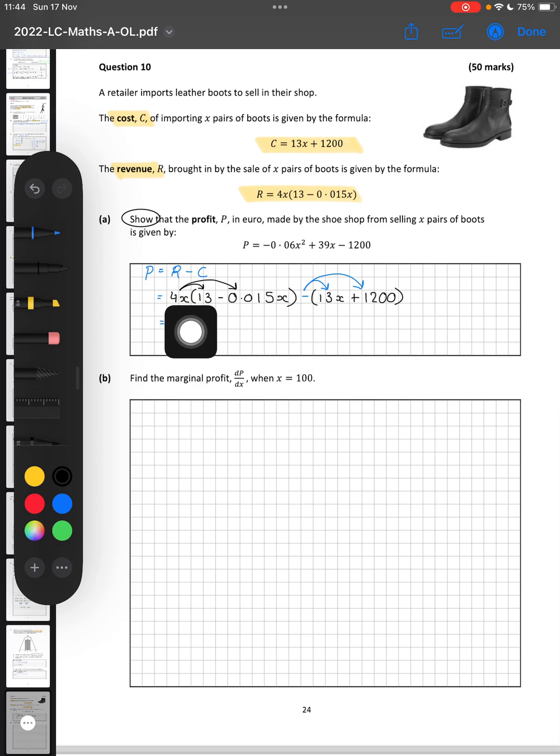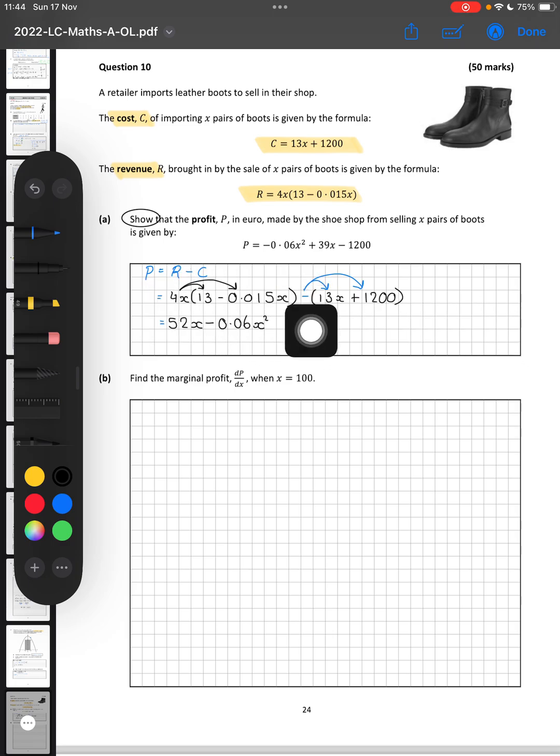And then 4x by a minus is going to give me a minus. Then I have two things that I need to multiply together. Remember, it's number by number, letter by letter. So the number by number, the 4 by the 0.015, I can type into my calculator. It's 0.06, and then I have x times x, which gives me x squared. So that is what's multiplying out here.